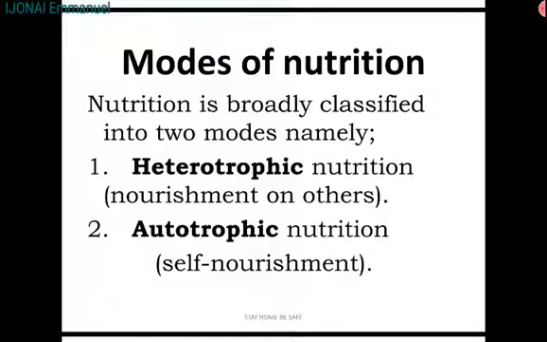So it simply means self-feeding, ability to make own food. You've probably heard about plants able to make their own food, so they belong to this kind of nutrition. They perform autotrophic nutrition.